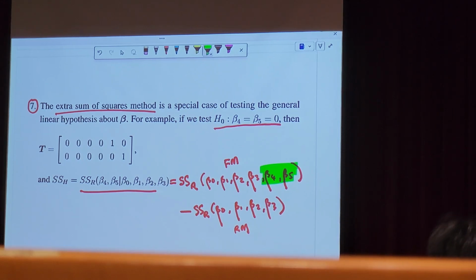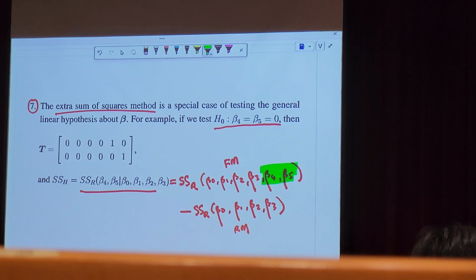So you fit a model based on the reduced one, and then fit a model based on the full model, and then look at the difference. The difference will tell you whether the contribution to the sum of squares regression is small or big by adding beta 4 and beta 5.